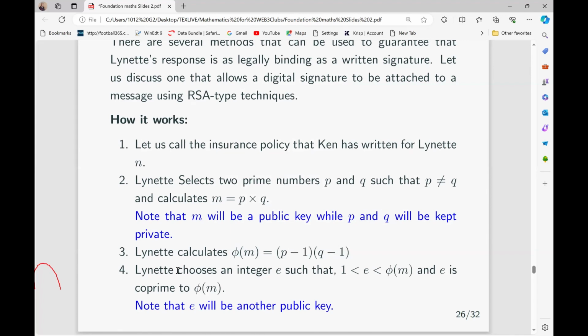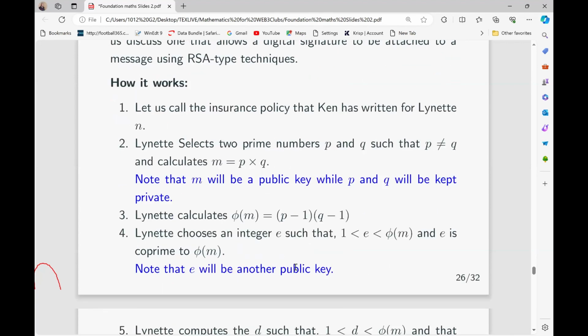Then Lynette chooses an integer E that is relatively prime to phi of M. It's advisable that it should be a very large number, so that somebody cannot easily get its inverse. So E is a public key.